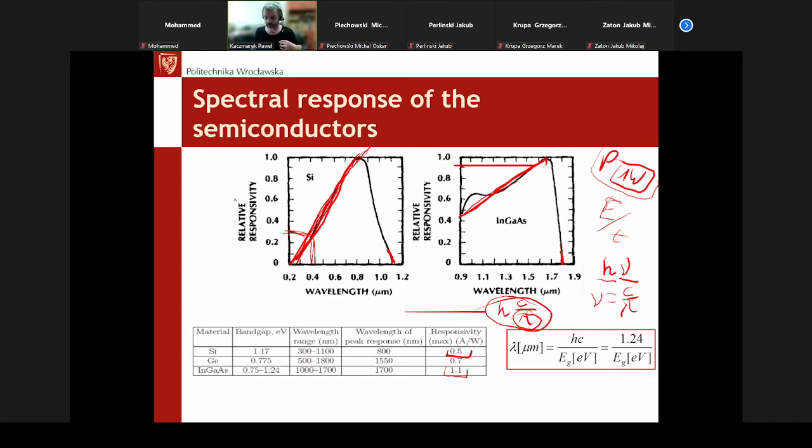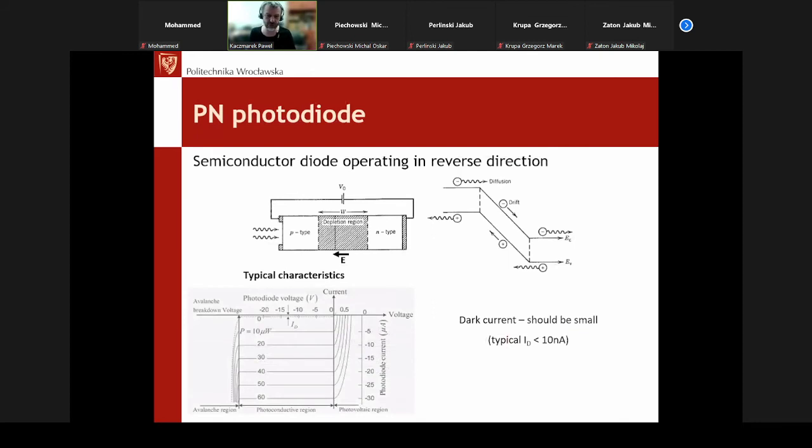Okay, so let's go to some basics of photo detections. I think you know it already, but just to remind you some basic effects we are dealing with. So photodetector typically, and the first approach to photodetector is PN photodiode.